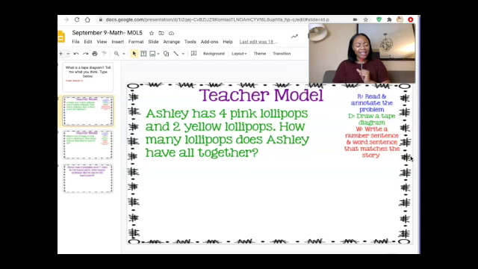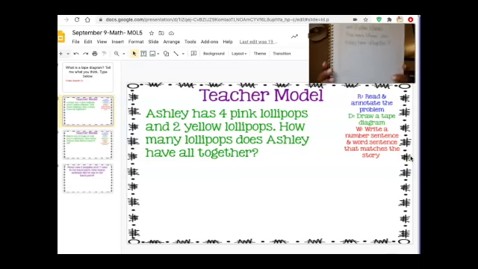Is "and" an important word to annotate? No, that's not going to help me solve my problem. But 2 yellow lollipops is very important. So I'm going to circle 2 and underline yellow lollipops. Awesome. And then we have our question.